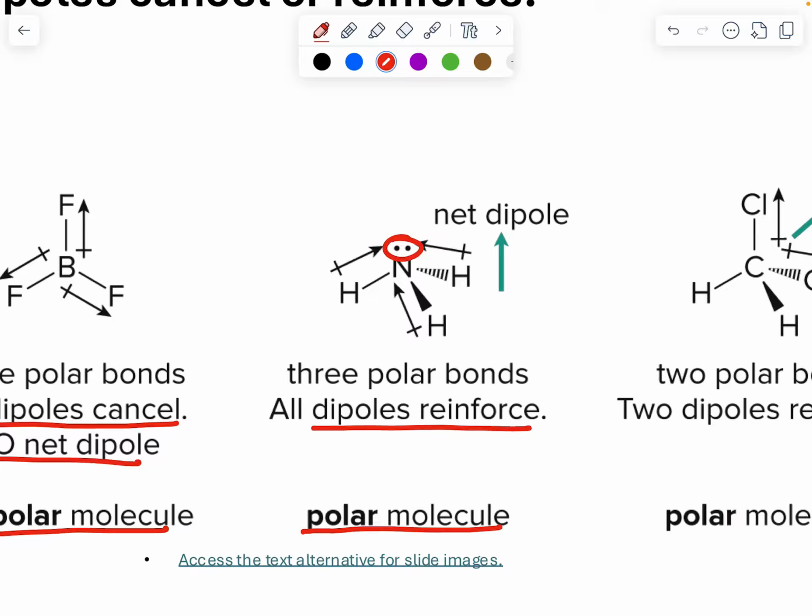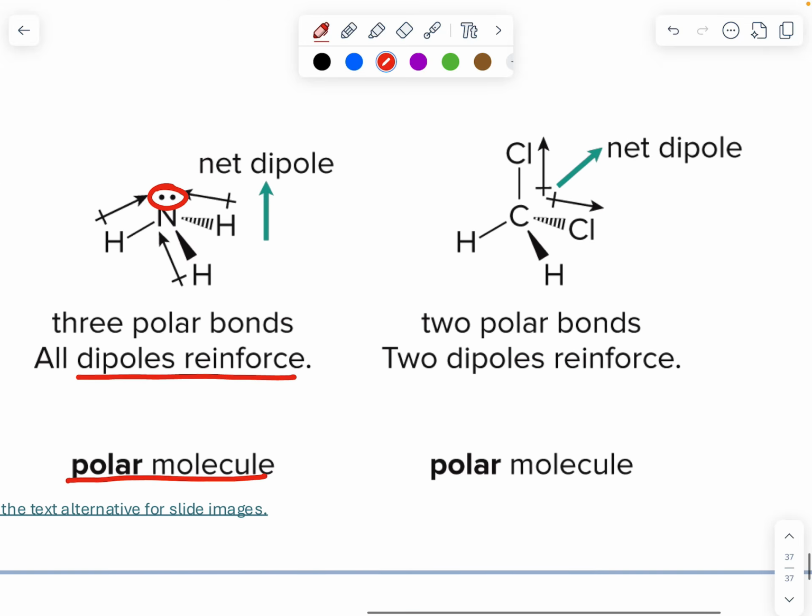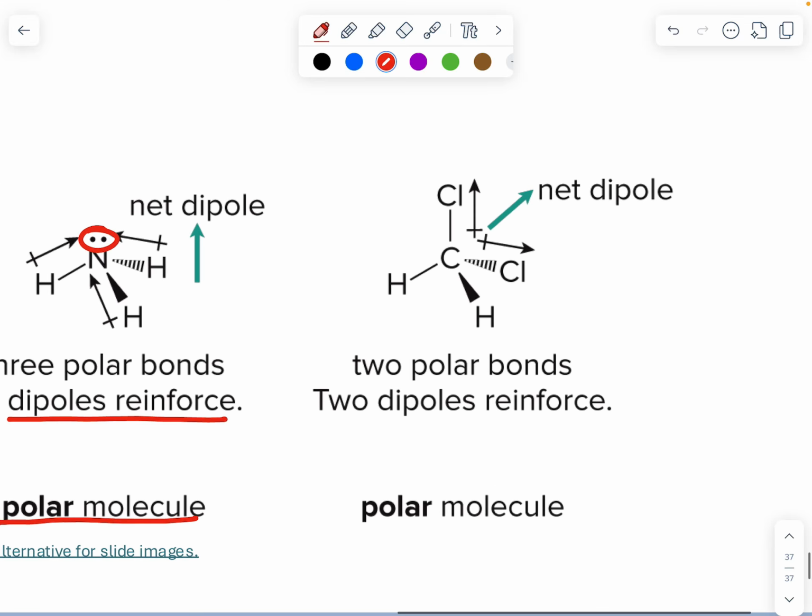Our last example here is carbon as your central atom. We have two polar bonds between carbon and chlorine. The dipoles are pointing towards chlorine, and so we have two polar bonds. The two dipoles reinforce one another, and so therefore we have the net dipole. And so it's showing here the net dipole in green.